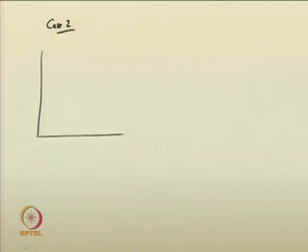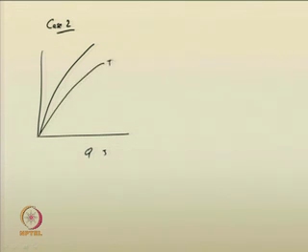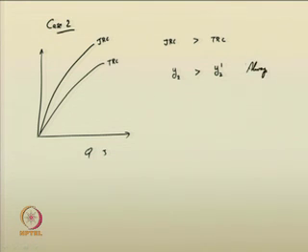I can have a rating curve such that the jump rating curve is greater than the tailwater rating curve. That means the depth y 2 is greater than the tailwater depth always. Whatever discharge is there in the channel, the jump depth is always greater than y 2 dash.